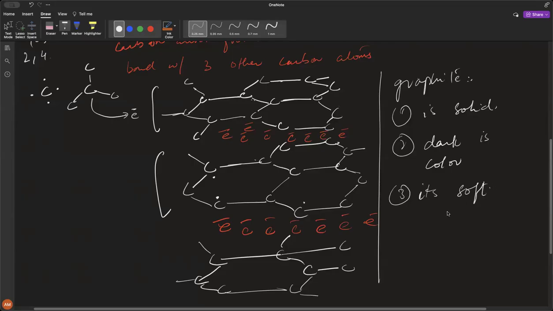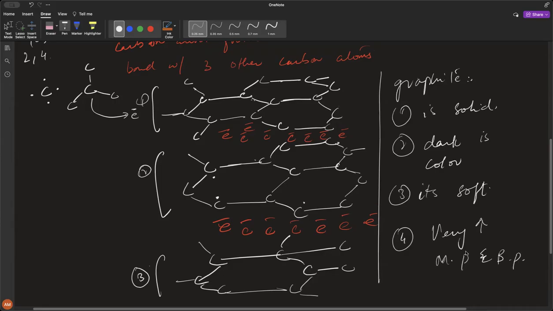You'll see why. Soft because if you press it, each layer slides over the other layer because of the sea of electrons. If you're going to compress it, press it, squeeze it, layer 1, layer 2, layer 3, there could be many thousands of layers. Each layer slides over the other layer because of the sea of electrons. That is the reason it is soft. And that is why it also forms a good lubricant. We'll discuss it later. It has a very high melting point and boiling point.